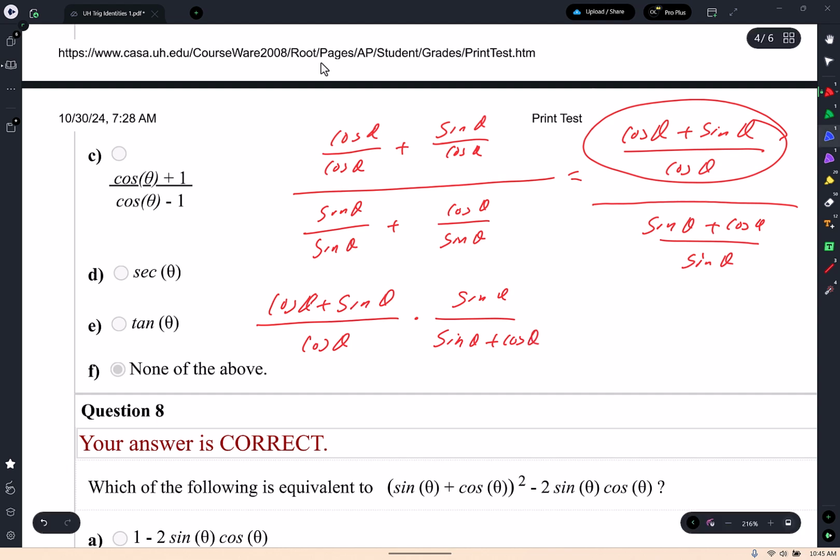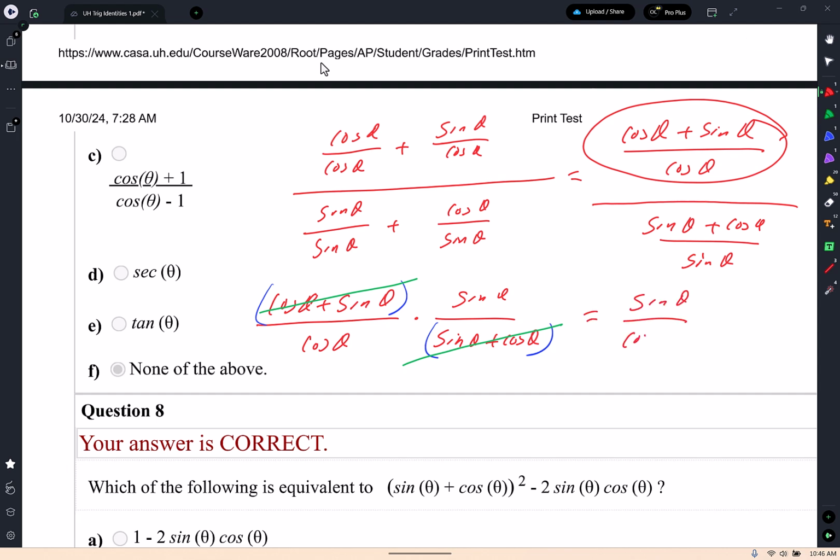All right. If it helps, put parentheses around your binomial. Binomial just means two, right? Something that's adding something plus something. Yes. Heck yeah, cancel them out. Bam, bam. Now when I multiply this, I get sine theta over cosine theta, which is just tan. Yes.